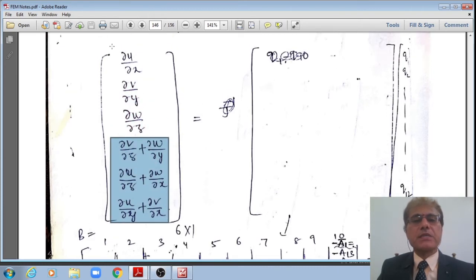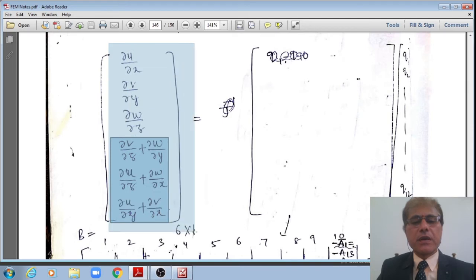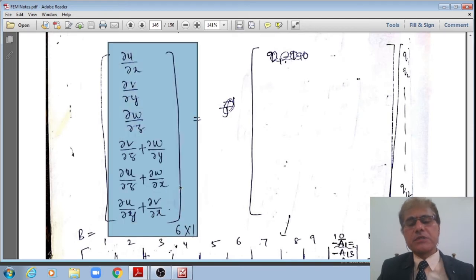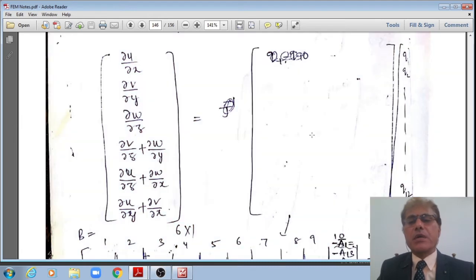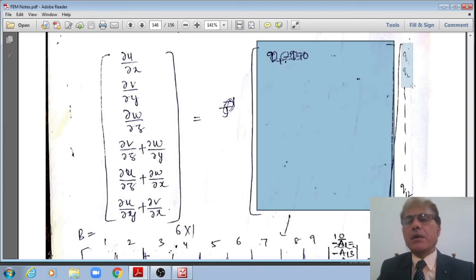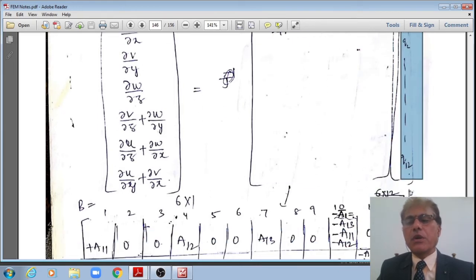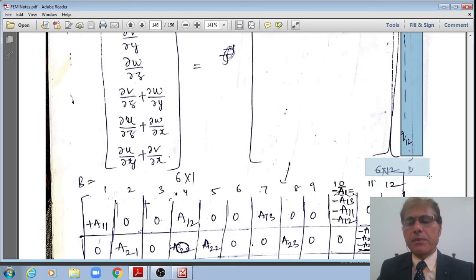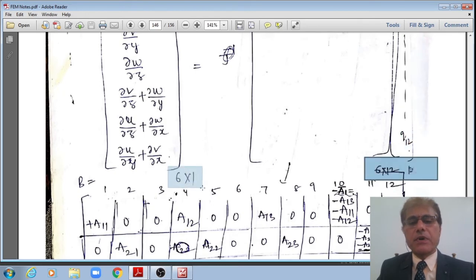Now I'll write this 6 by 1 strain vector as a product of a 6 by 12 matrix operated upon the nodal displacement vector, a 12 by 1 matrix. 6 by 12 operated upon 12 by 1 will give a 6 by 1 matrix.